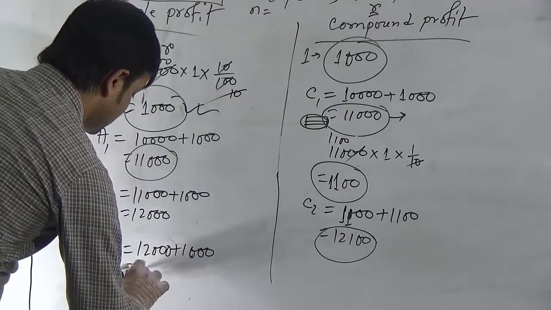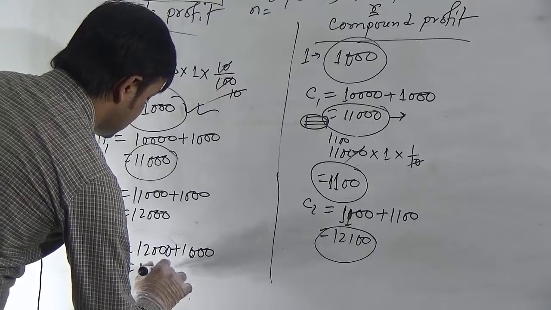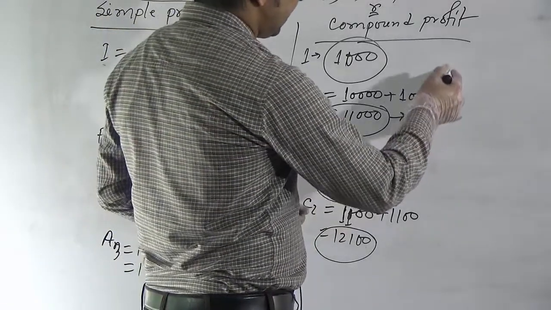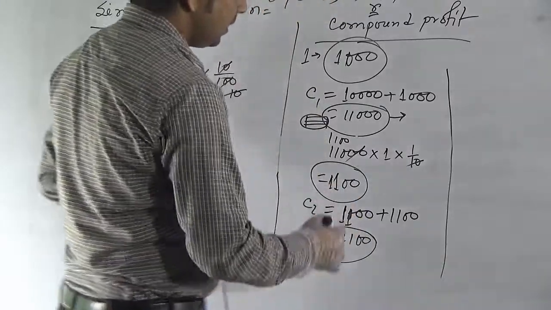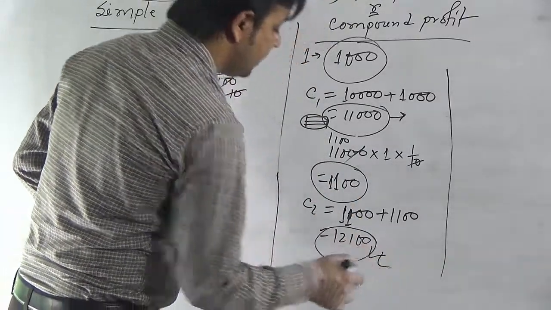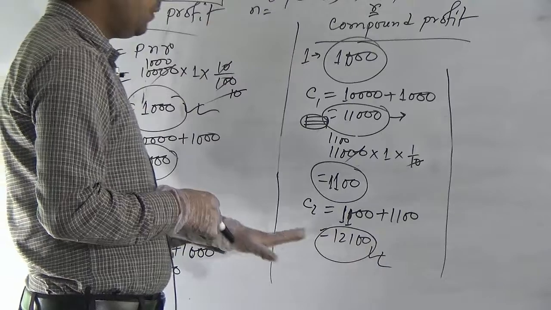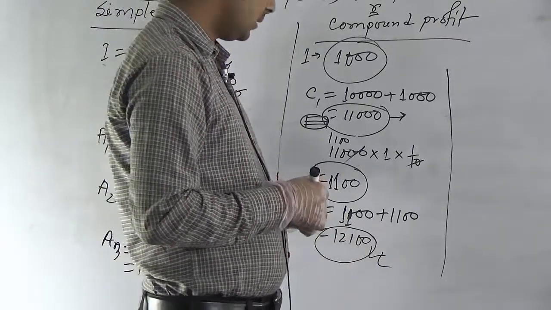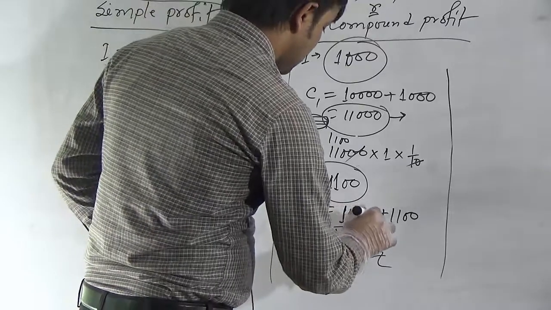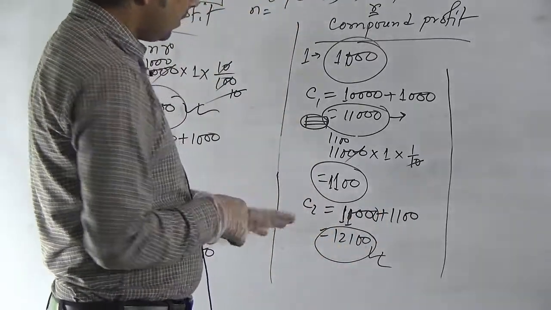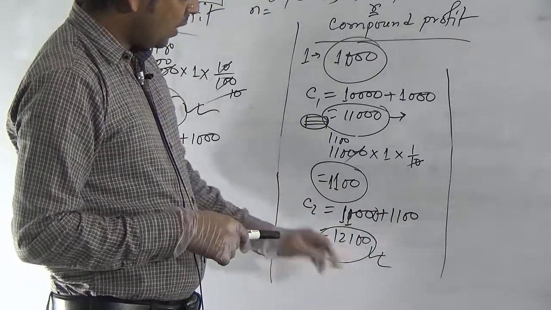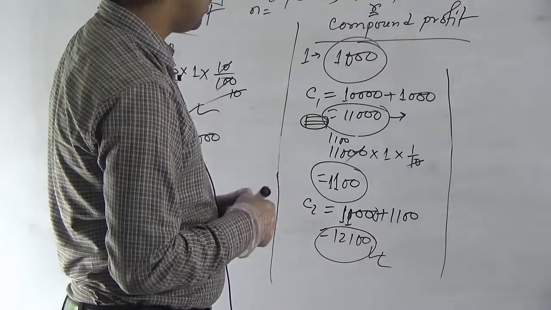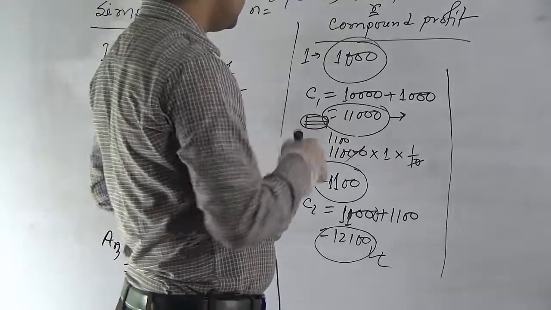So here it will be 13,000. But in case of compound principal, 12,100 will be the compound principal for the third year.